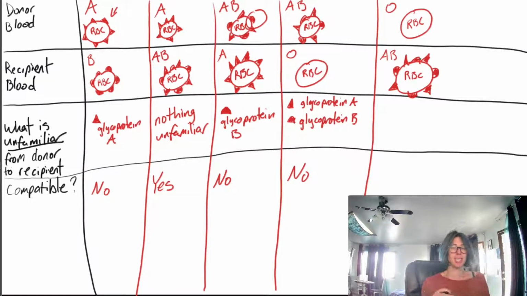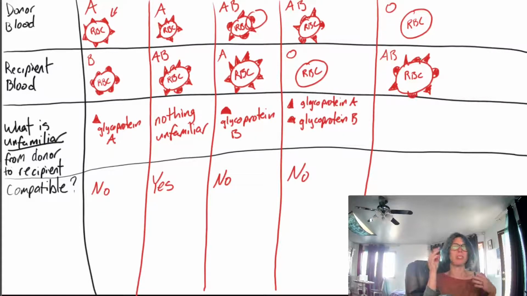All right, so now we ask again, what is unfamiliar from the donor to the recipient? Well, O doesn't have any of these molecules. When it comes to the ABO blood system, there's nothing there. You don't get an immune response to nothing. You only get an immune response to something that's unfamiliar.